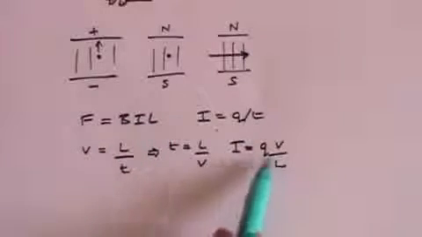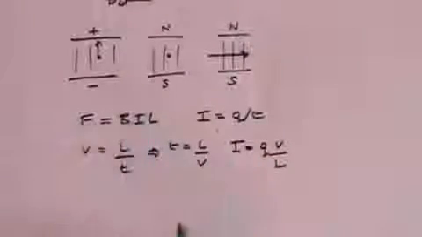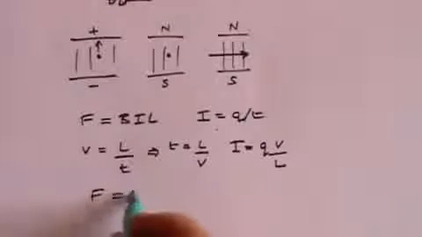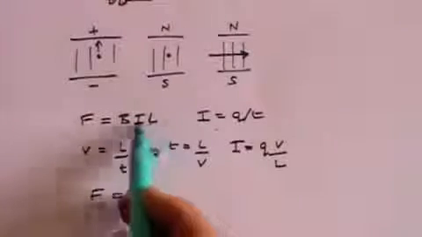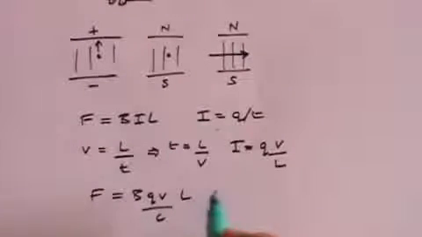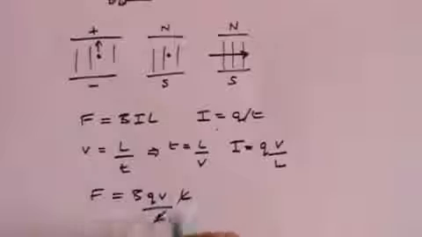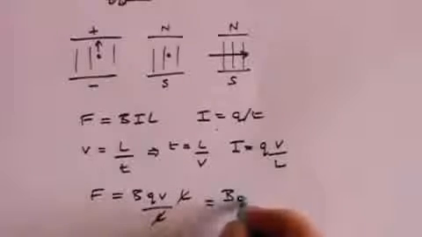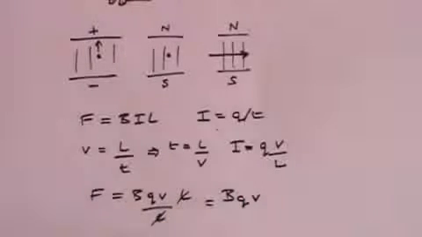So we can now substitute this for I, and that gives us that F equals B times I, which is QV over L, times L. And of course the L's cancel, and so now you've got the force is BQV, which is the value of the magnetic field, times the charge on the particle, times its velocity.